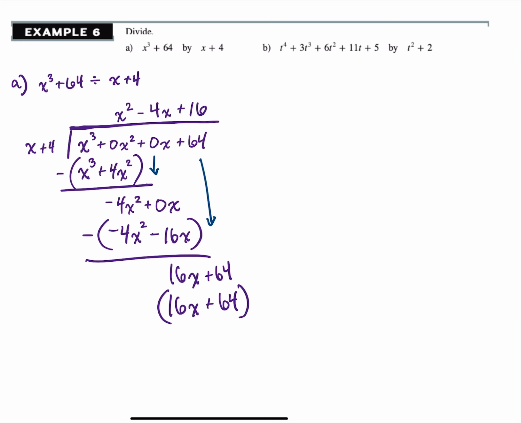So when we subtract this, everything will cancel. We'll get 0 as a remainder. So I'll say x cubed plus 64 divided by x plus 4 equals x squared minus 4x plus 16.